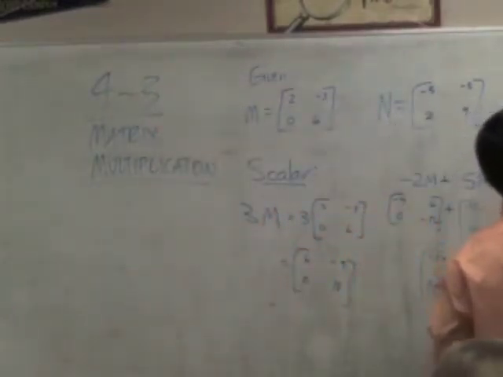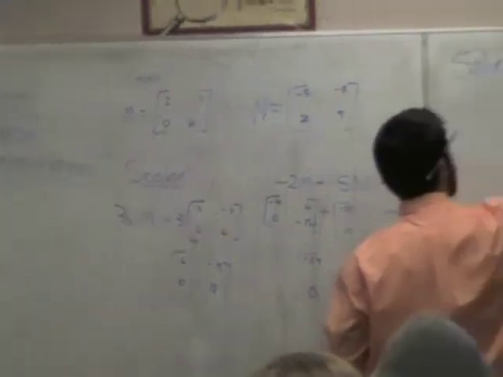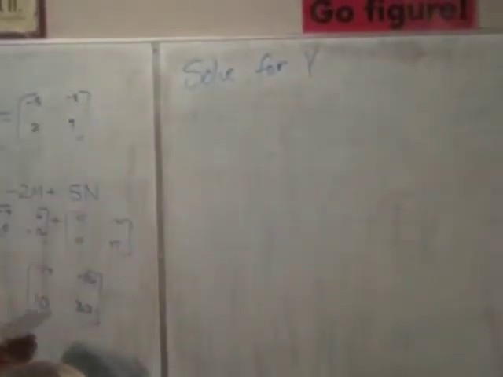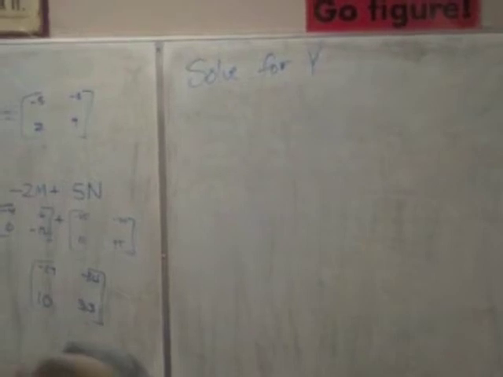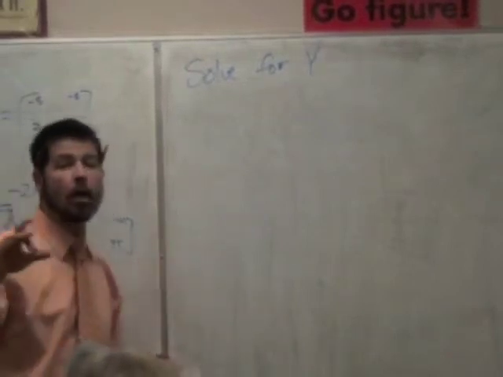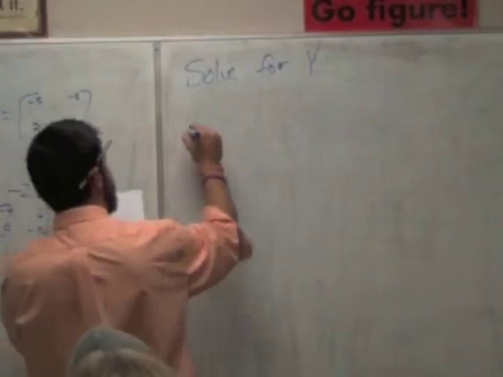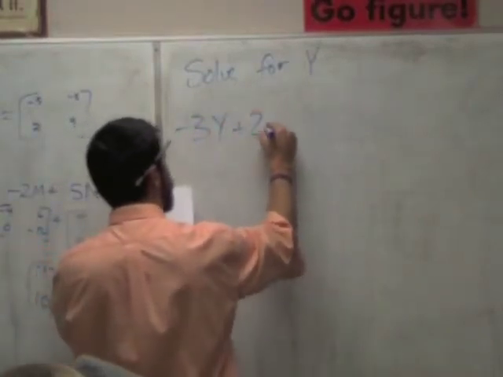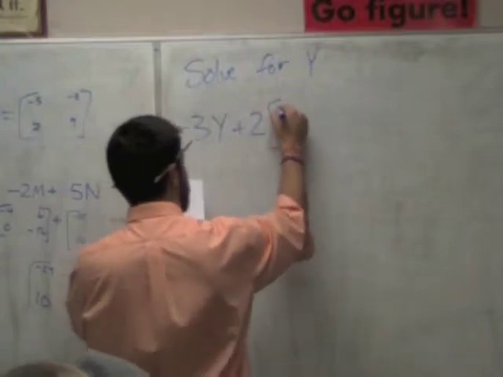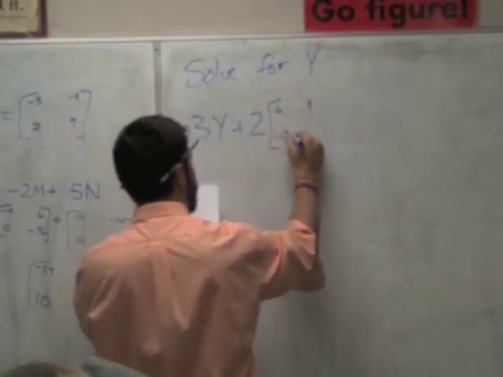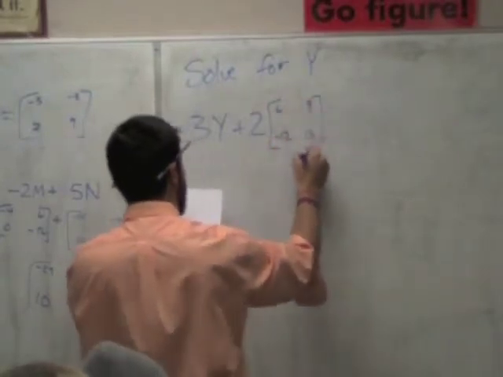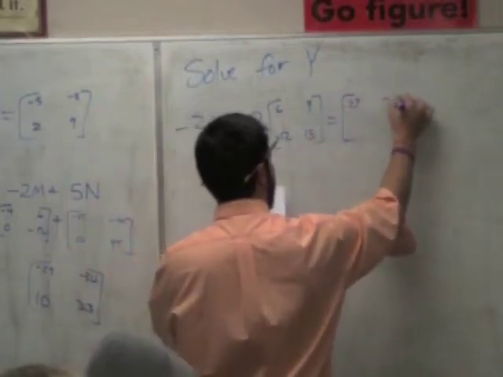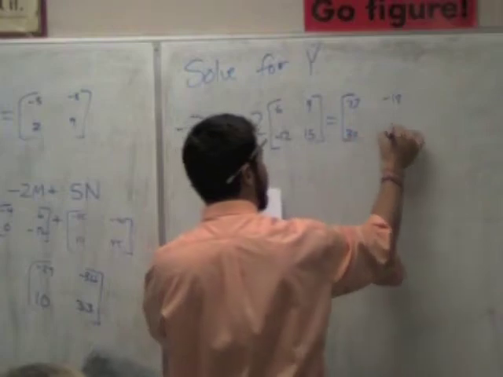Next part here. Not scary here either. Solve for capital Y. We have an equation, or what is called a matrix equation: -3 times capital Y plus 2 times the matrix 6, 9, -12, 15 is equal to the matrix 27, -18, 30, and 6.